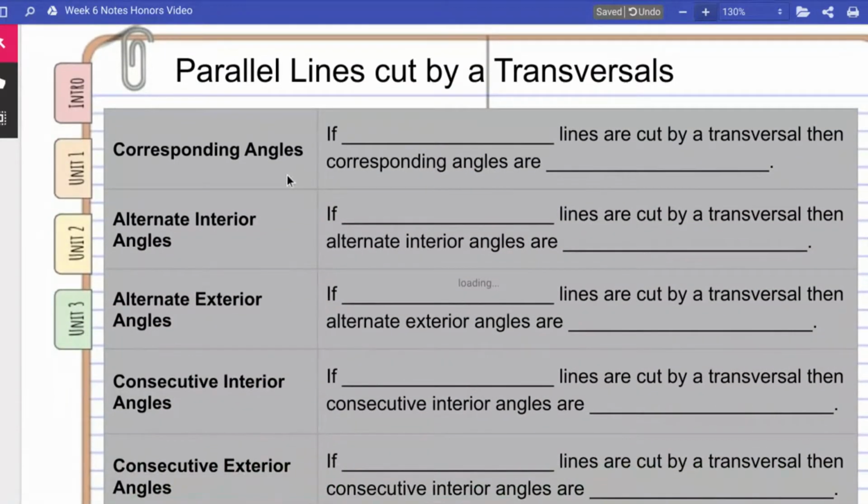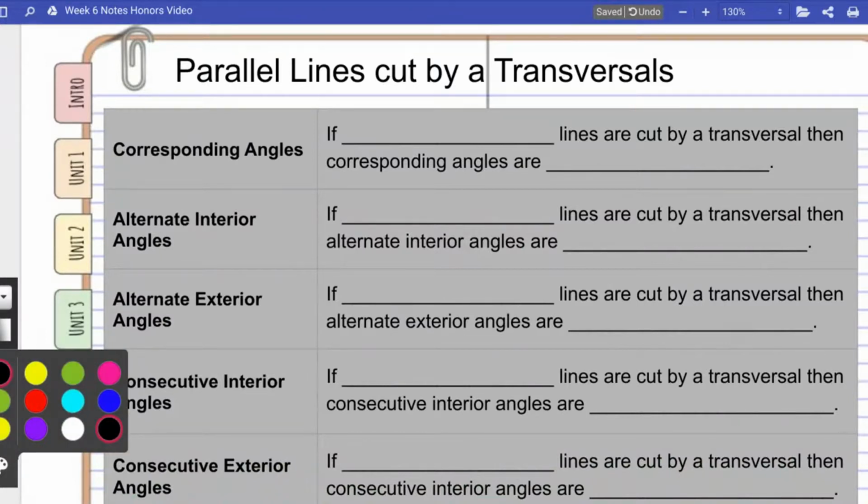Okay, so we have a few things going on here. We have this thing called the corresponding angle postulate. The reason why we call it a postulate is because we assume it to be true. Euclid said this will always be true.